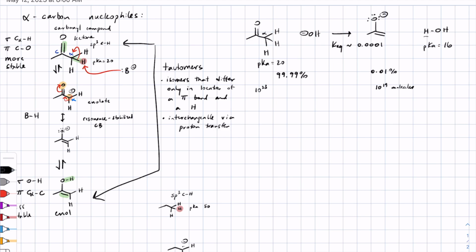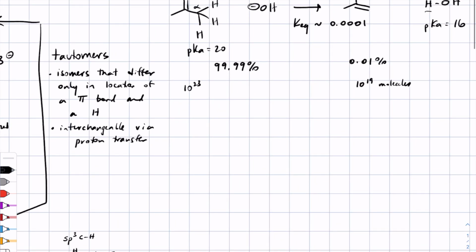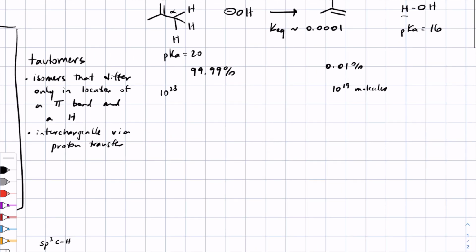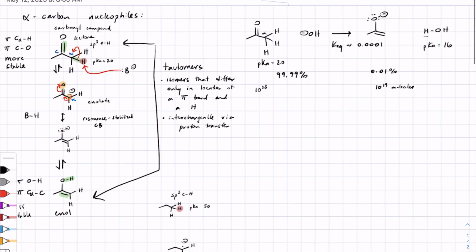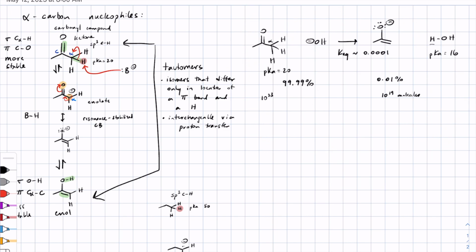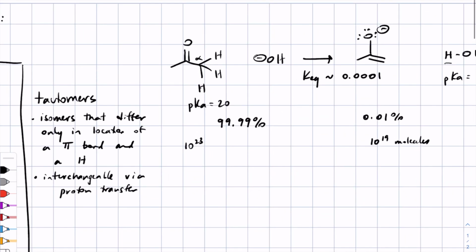So we're still going to be able to do chemistry with enolates, even using bases like hydroxide. We'll call this equilibrating enolate formation, because it's not 100% yielding.